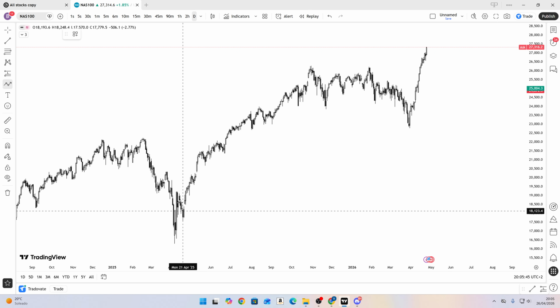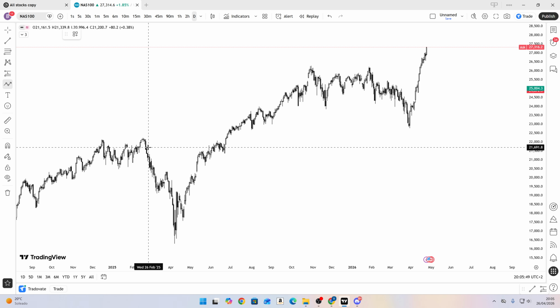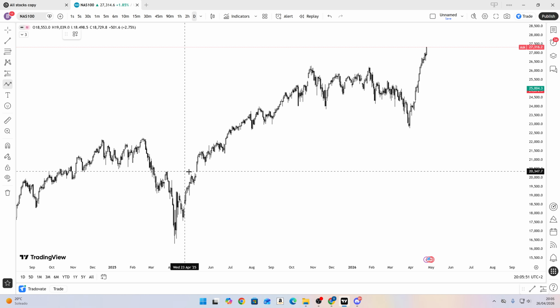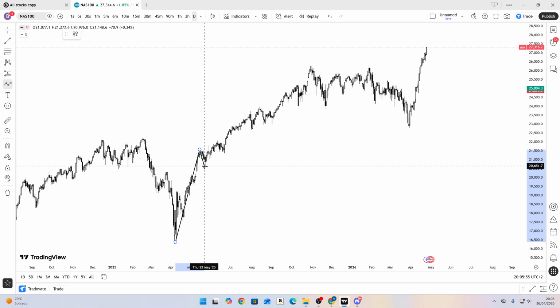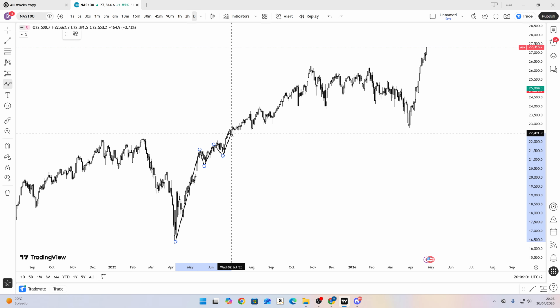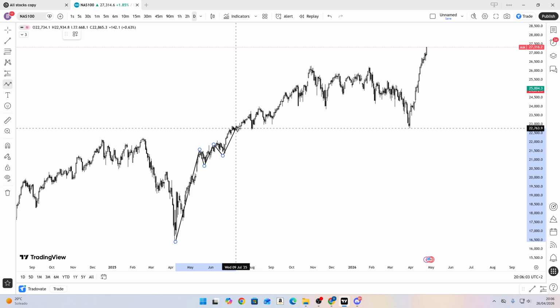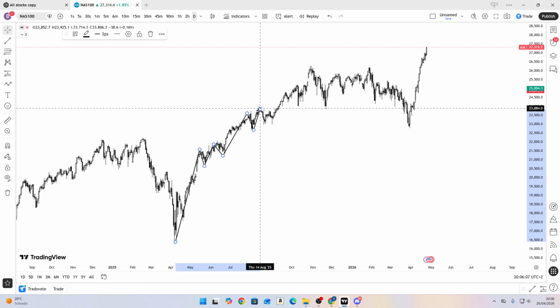Okay, so for example, this was the last swing high to the downside and it broke this area. So I will say first swing high, second swing high, and you can either say this or this. Third swing high, now we're bullish, fully bullish.